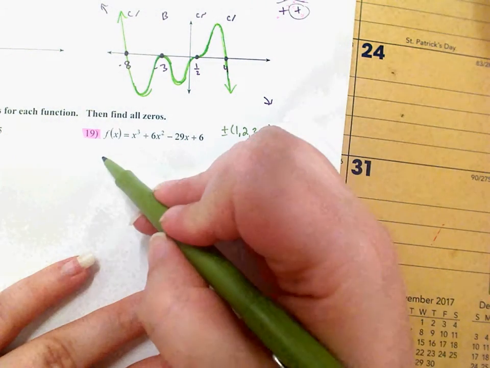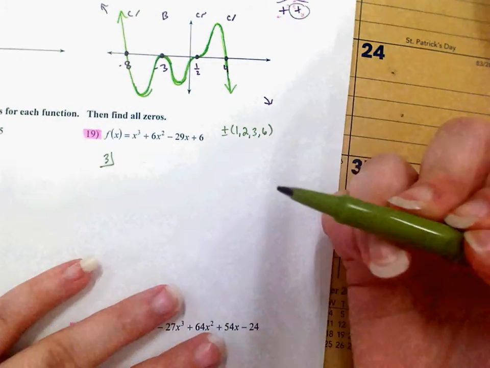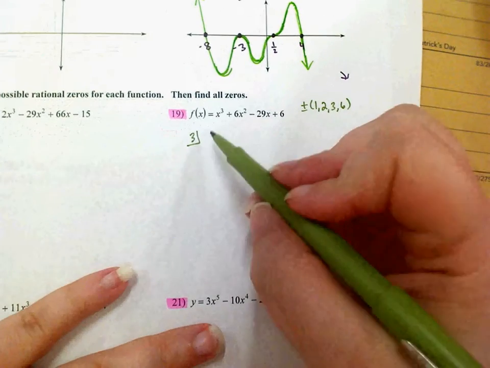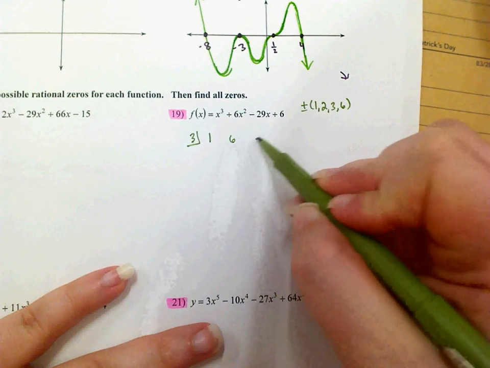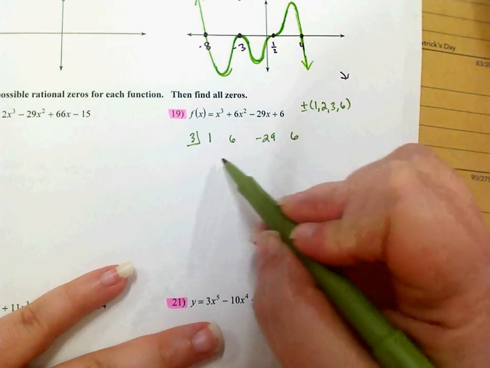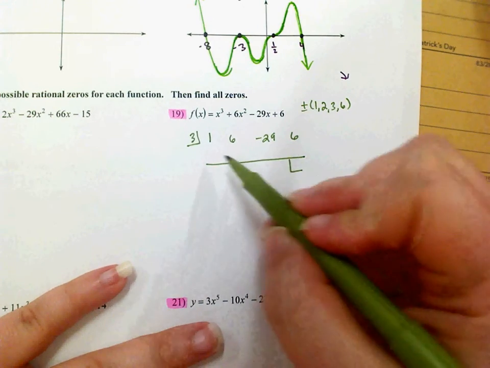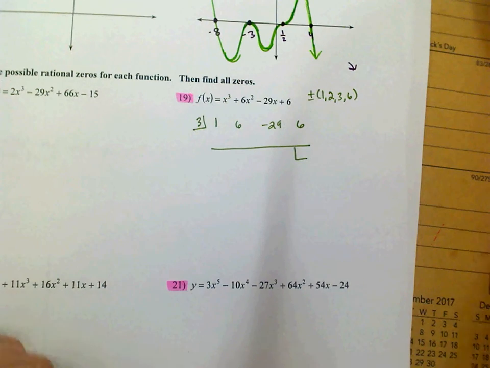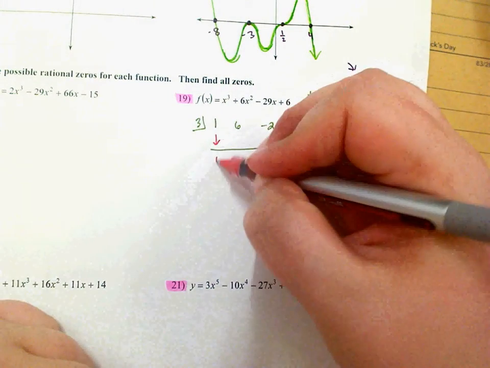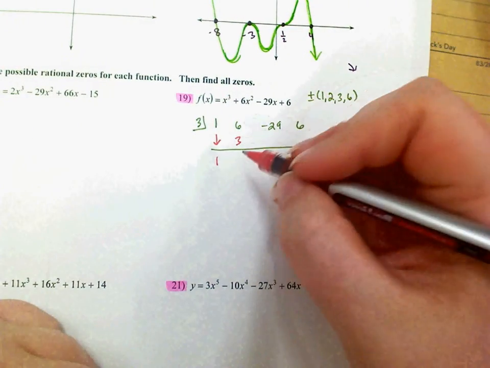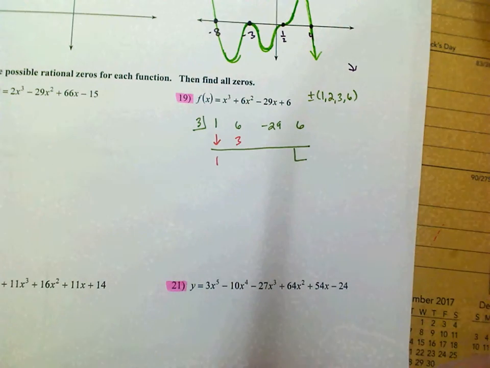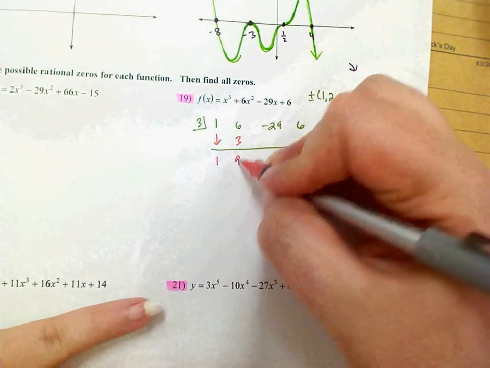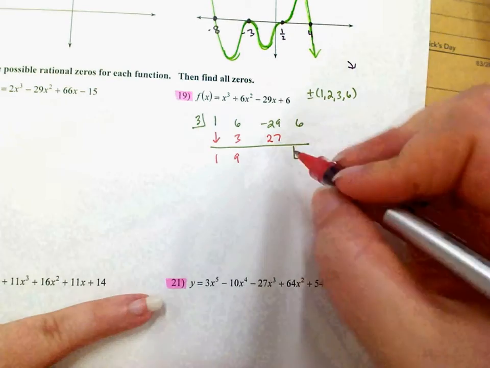Alright, so 1, 6, negative 29, and 6. So, bring down the 1. 3 times 1 is 3. 6 plus 3 is 9. 3 times 9 is 27. Negative 29 plus 27 is negative 2. 3 times negative 2 is negative 6, and 0.